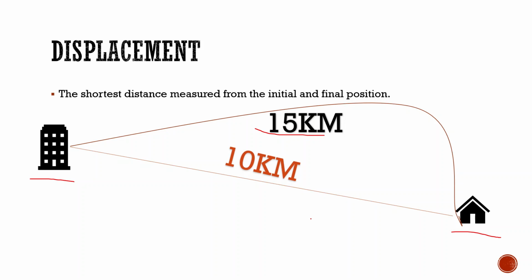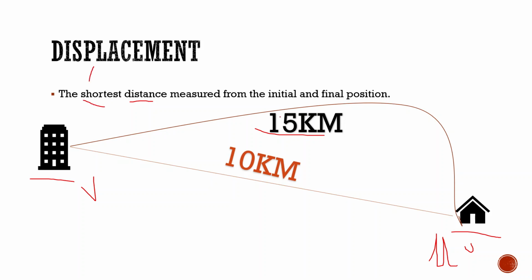Now listen. The shortest distance measured from its initial and final position. Let's mark my house as U and the school as V. Initial position is my house and final position is the school. Distance is the total length or path covered by an object. The shortest distance is known as displacement.